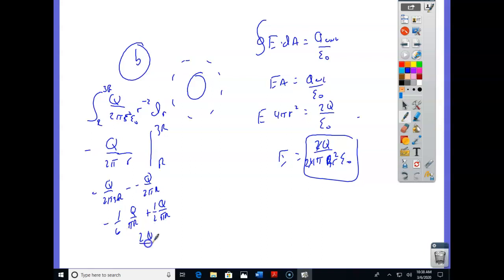I didn't get the 2/3, that's weird. 3 E naught pi r. Let me check my math. I dropped my 2. What a jerk. Okay, so I think I'm right now. Nope, it can't be 2/3, it's 1/3. Half minus 1/6. What am I doing? Drinking. No drinking.